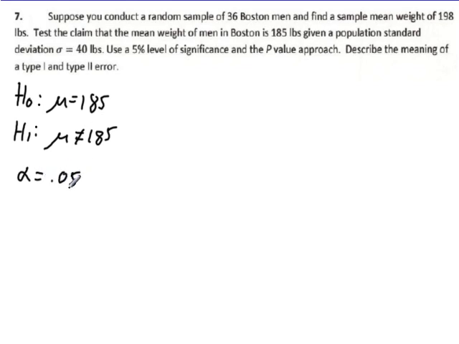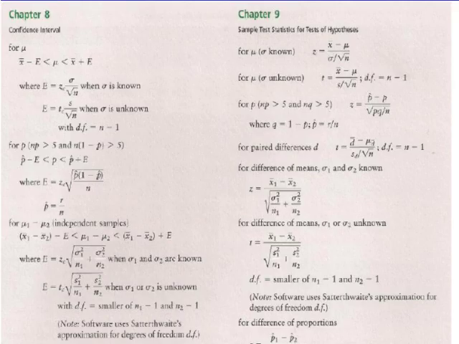So what we have to do now is look up the value for the test statistic. In this problem, we're given the population standard deviation, which is important. When we go to our formula sheet and look up sample test statistics, we say, okay, since sigma is known, we're going to be dealing with z.